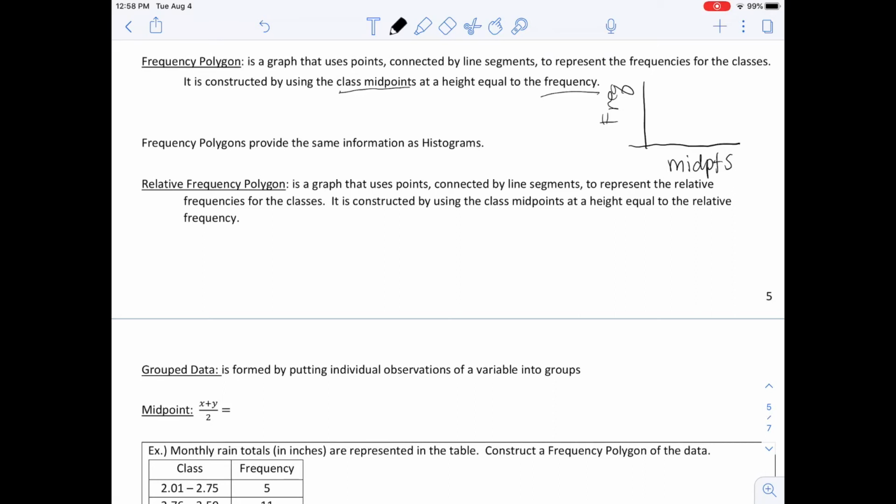Then we also have a relative frequency polygon. This is a graph that uses points connected by line segments to represent the relative frequency for the classes. It's constructed by using class midpoints at a height equal to the relative frequency. So very similar. We're still going to have our midpoints, but this time we're going to be using our relative frequencies.